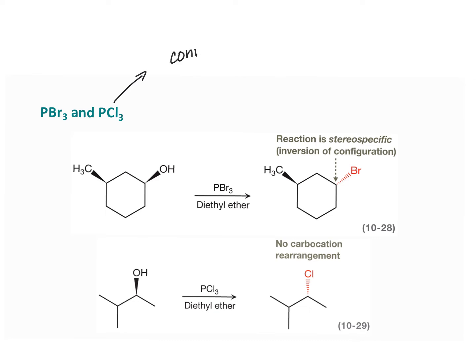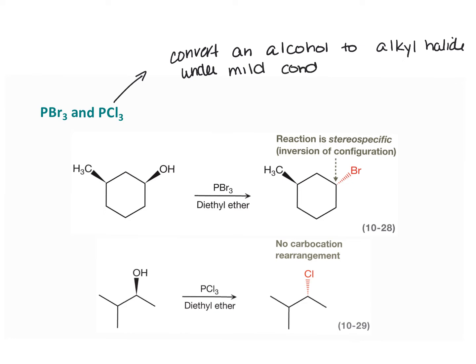These convert an alcohol to an alkyl halide under mild conditions. There's no elimination products, so you don't have to worry about the yield of your main product being reduced because you have elimination products.